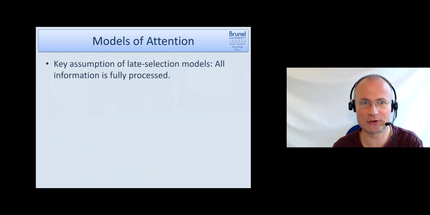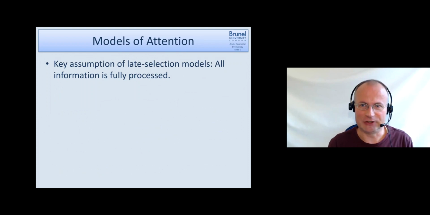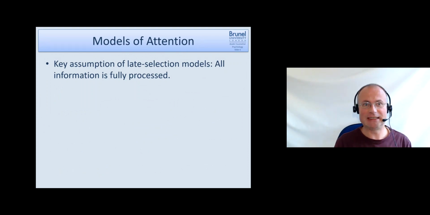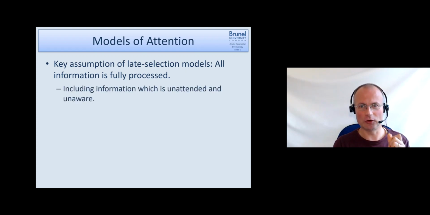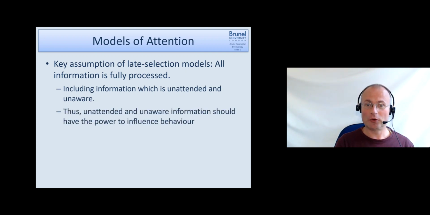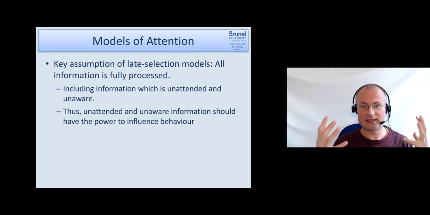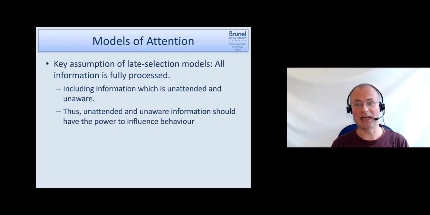Okay, so returning to our models of attention. As we said before, the key assumption of late selection models is that all information is fully processed for meaning. That includes information which is unattended and which we are unaware of. So in theory, this unattended and unaware information should have the power to influence our behavior, according to late selection models.